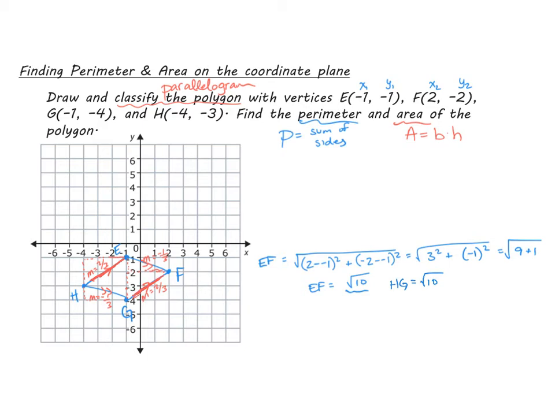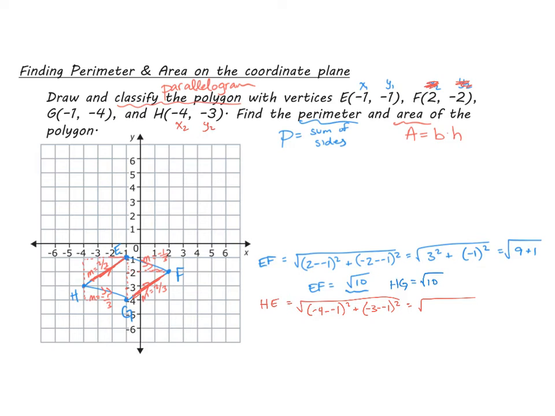So let's do HE. We'll leave E as x1, y1, and we'll call H x2, y2. All right, so it'll be the same thing as we did before, x2 minus x1, -4 minus -1 squared, plus y2 minus y1, -3 minus -1 squared.